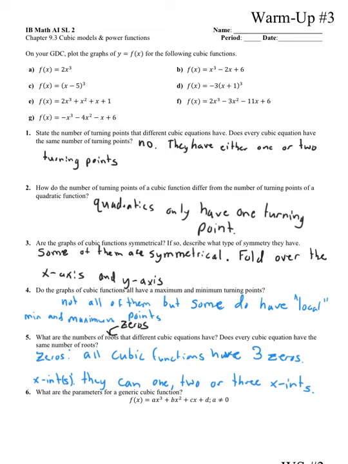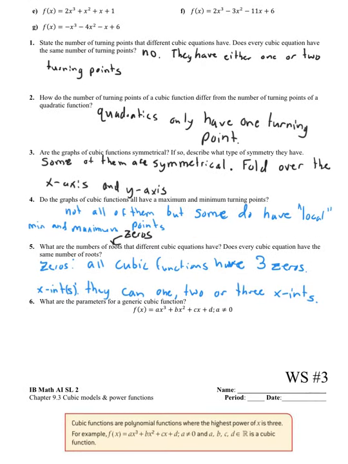Parameters of a generic cubic function. For starters, when we have this written as ax cubed plus bx squared plus cx plus d, this is called standard form. And the parameters, one of the most important ones is that a cannot equal 0, which is the first coefficient, the leading coefficient of the first term.